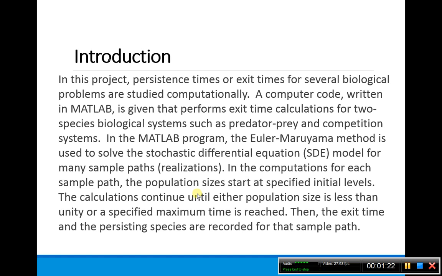You can't have half of an animal. It will calculate how long it took to die off, and then it runs, I think in this case, 1,000 samples. With those 1,000 samples, it calculates an estimate of how many times that species died off and what was the mean time to extinction.